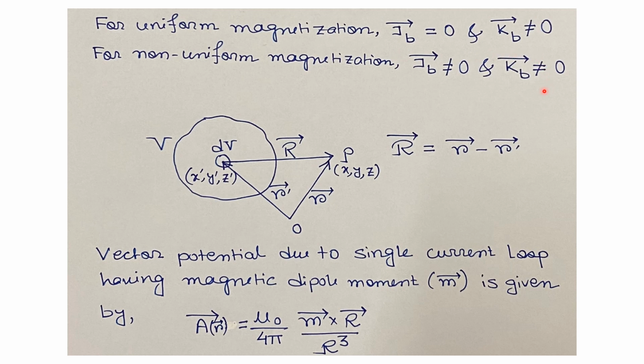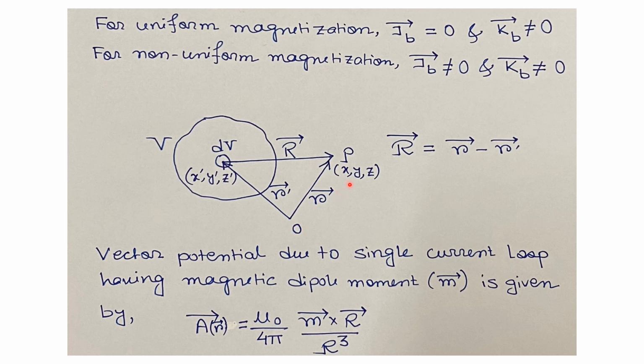Now, we'll try to relate these current densities Jb and Kb to the magnetization of the magnetized material. For this, we'll consider a magnetized material kept under an external magnetic field B, and the system will have volume V. Inside this system, we'll consider an elementary volume dV, whose coordinates are x dash, y dash, z dash from the origin.